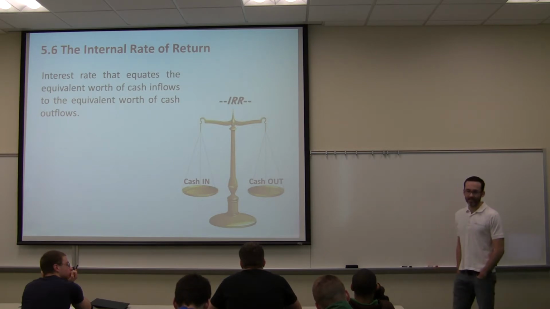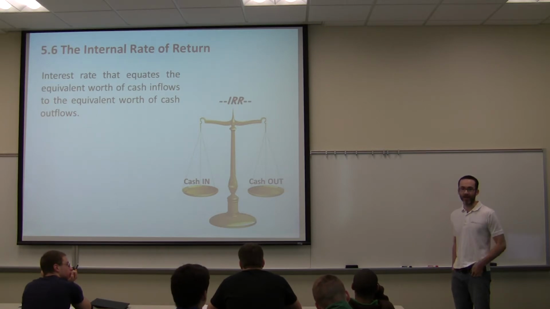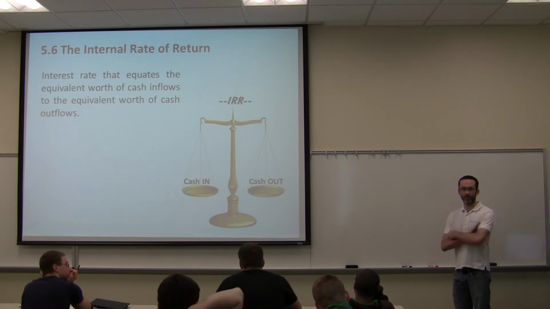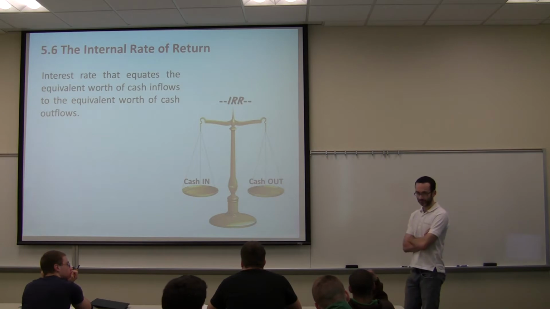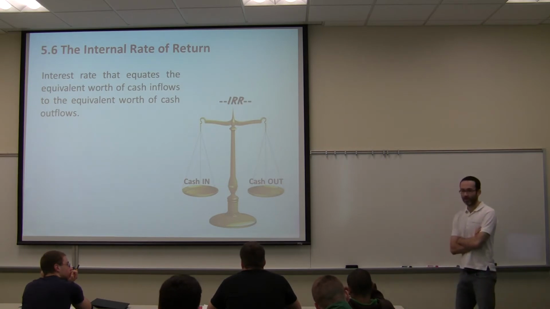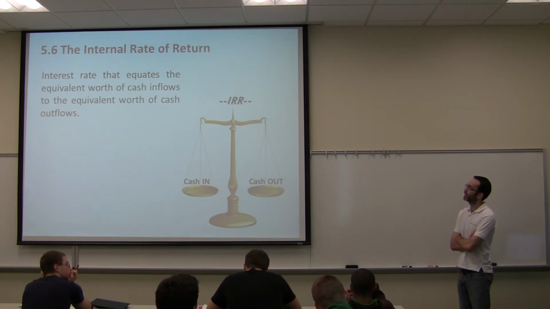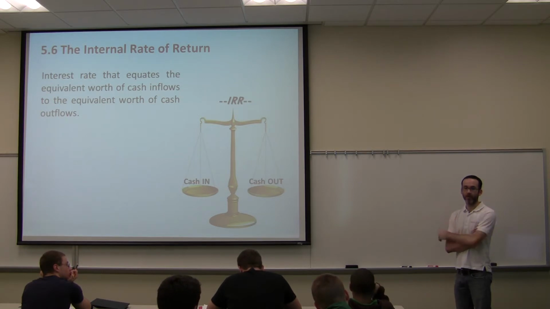We would discount a cash flow to the present, for example, and find out that at that discount it would either have a positive net value, which means you should go forward with the project because the income is bigger than the expenses when discounting at the minimum rate, or it would be negative, which means don't do the project. But the internal rate of return is the interest rate that would make everything discount to zero at the present. It's the way of finding out what is actually the return on your investment.